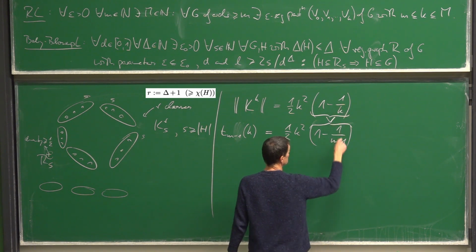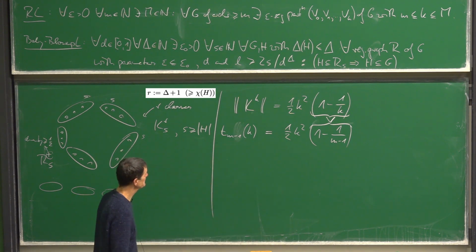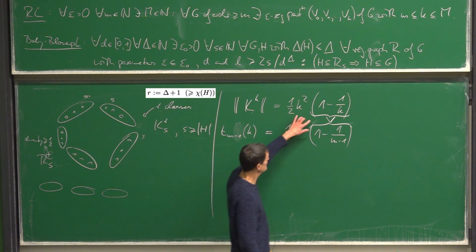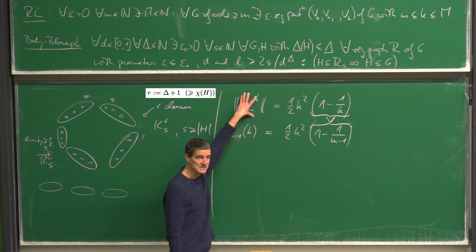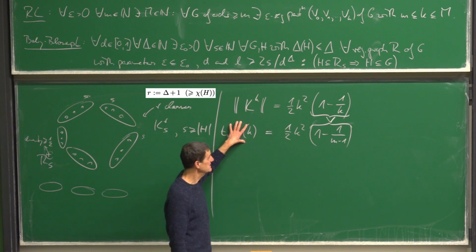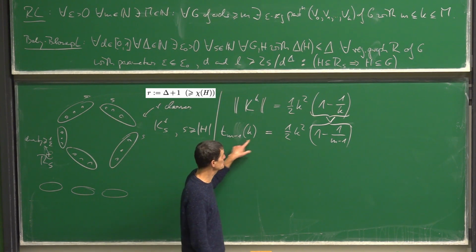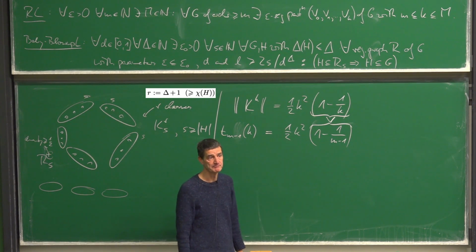We take less away up here from the 1 than we do down there. So there's a little margin, a little difference between the number of edges that a complete graph would have and the number of edges that will ensure a km. Any number of edges on k vertices bigger than this will give us a km.